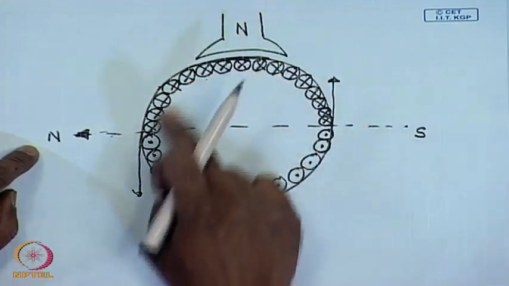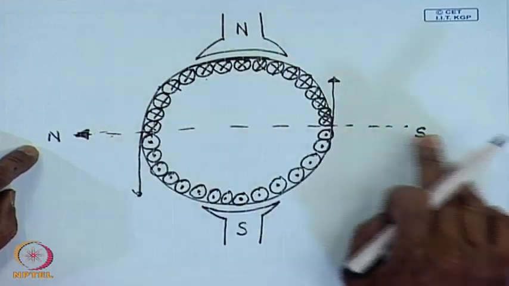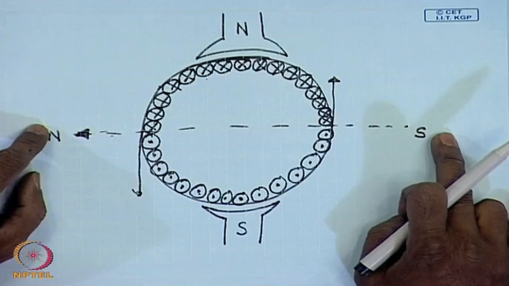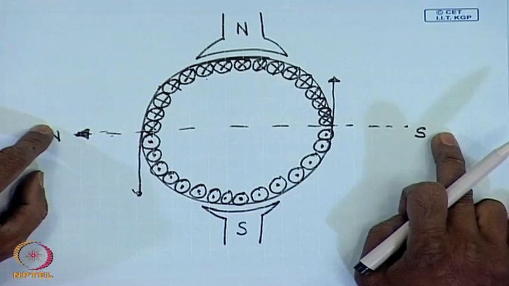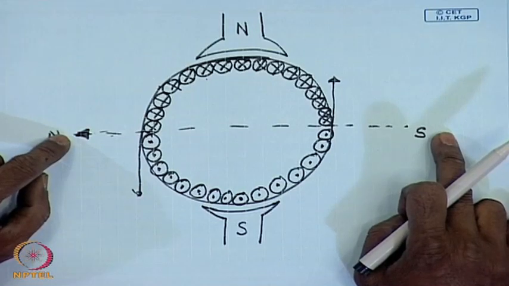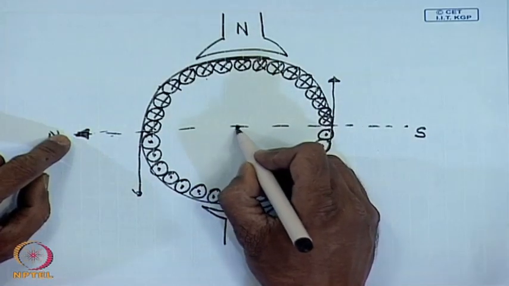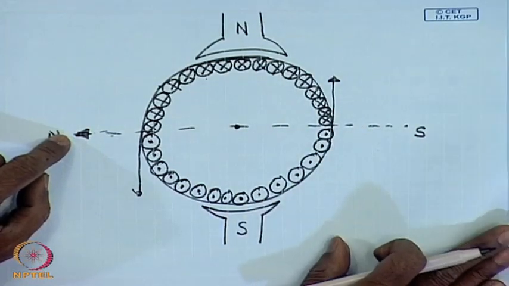So, although the armature is physically rotating, the flux produced by the armature winding maintains the same position as before, and in this process the machine produces a constant unidirectional torque.